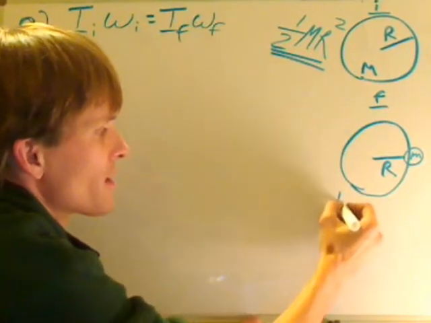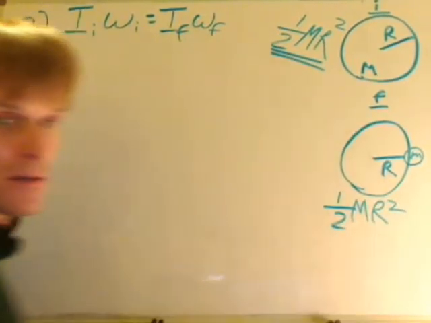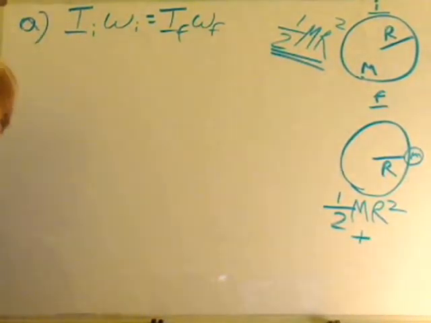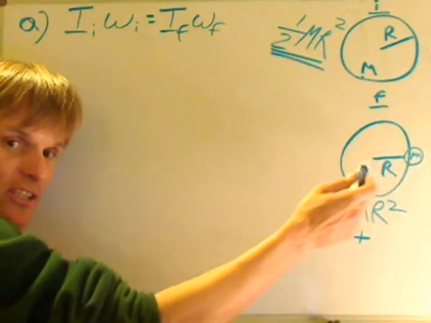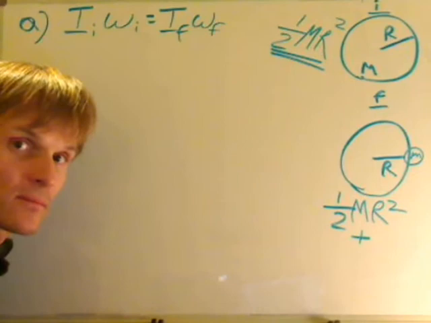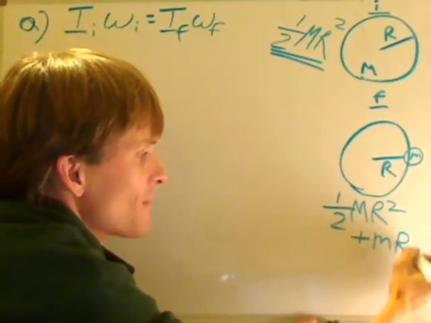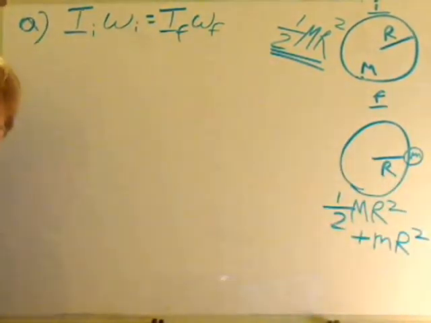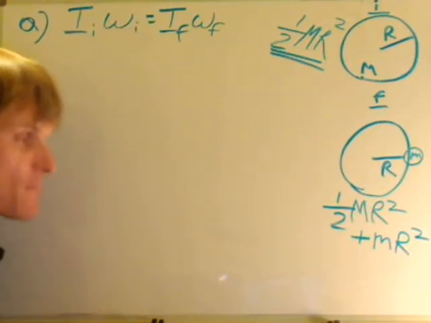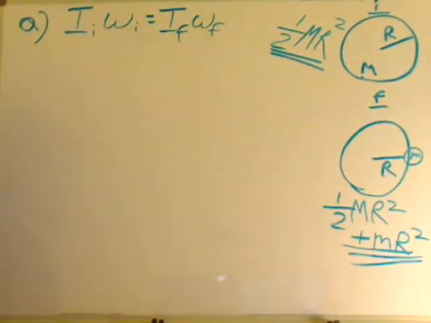The disk is 1/2 mr squared, plus the child, and for a point mass at a distance r from the rotation axis, it's just mr squared. So that's little m times the distance from the center, r, so little mr squared. There's our final moment of inertia and our initial moment of inertia.